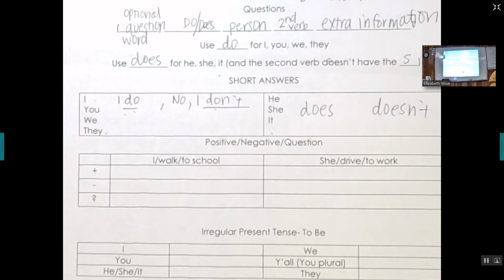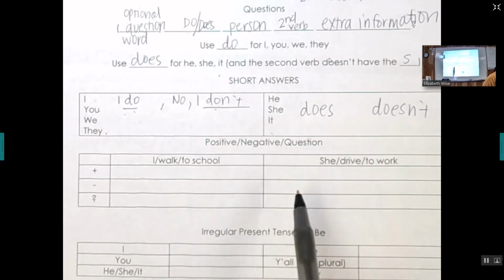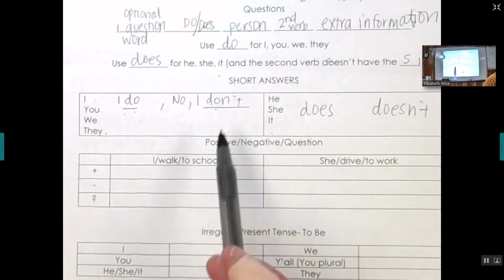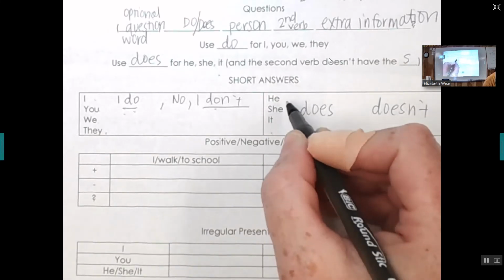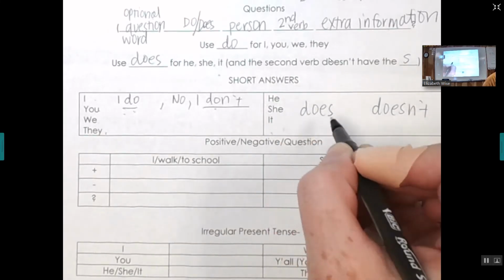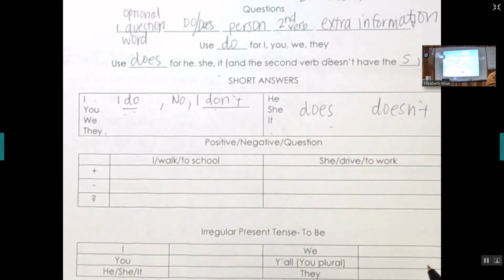Yes, Sophia and Michelle. So, does Sophia have a sister? Yes, she does. Does Sophia have 2 brothers? No, she doesn't. So for he, she, and it, we would use she does, she doesn't, he does, he doesn't. Those are the short answers.